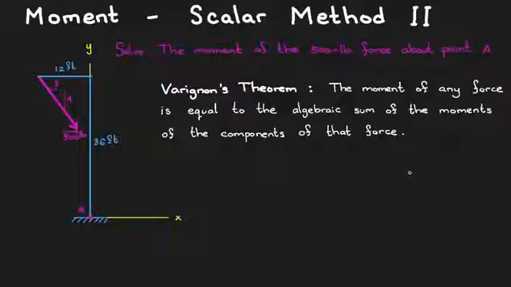Let's say I have a force which will be called force R, and I'm interested in finding the components of this force along these two yellow lines. They don't necessarily have to be orthogonal components, just any two components along any two arbitrary lines. In order to do so, I must create a parallelogram.